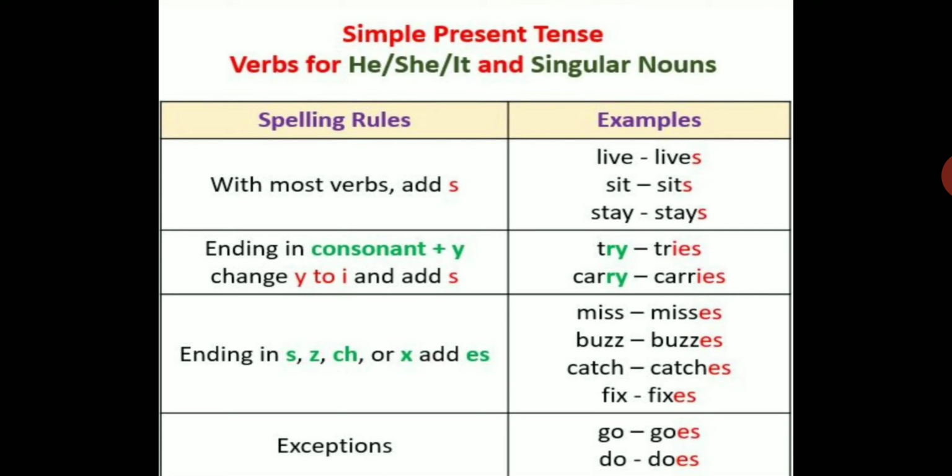Before we start today's topic, let's revise the previous rule which we had learnt in our last lecture, that is verbs with s, es and ies. The verbs with s, es and ies are called simple present tense verbs. It is used with he, she and it or any other singular noun.